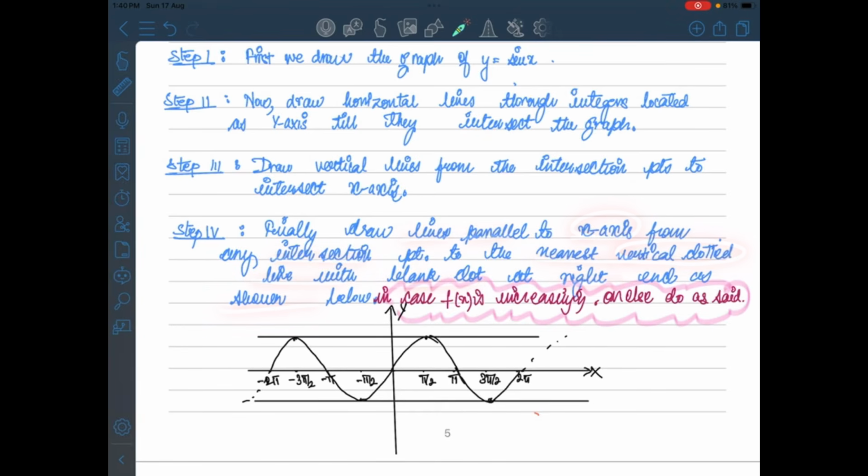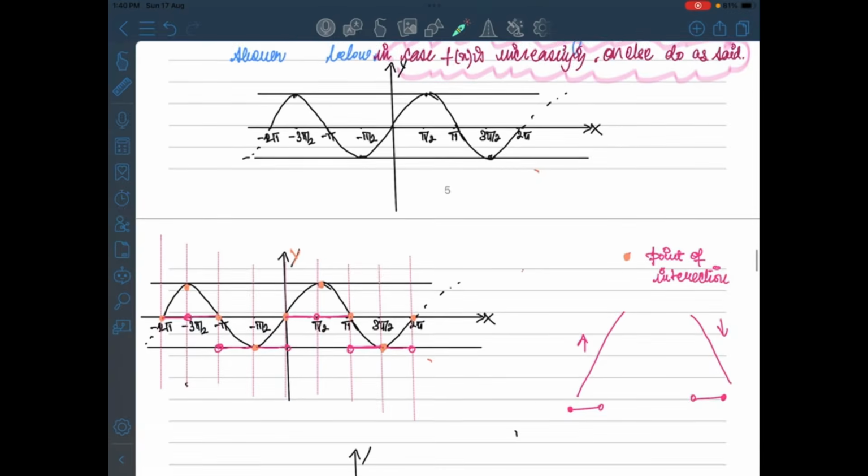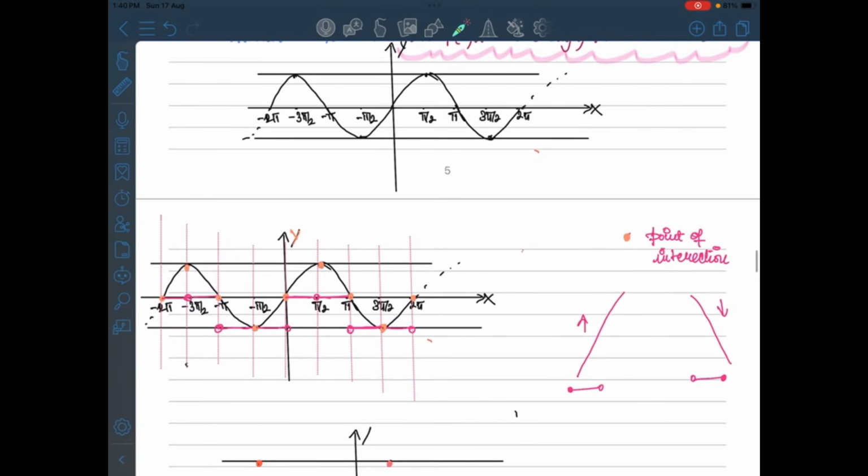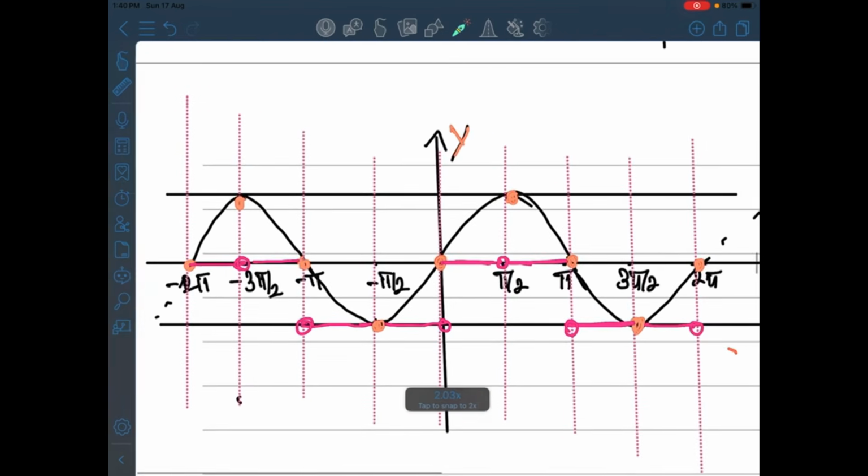Now, one more thing I have included. In case of increasing, or else do what I am going to say right now. Let's come to here. I have drawn the graph. I have drawn the dotted line. Till here, I am quite sure you are okay. Now, how do you draw? Let's see. You see, this is increasing.